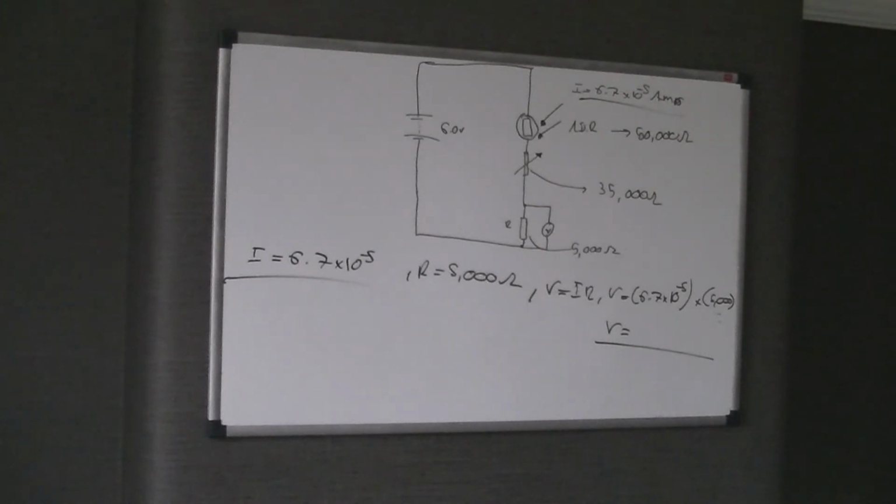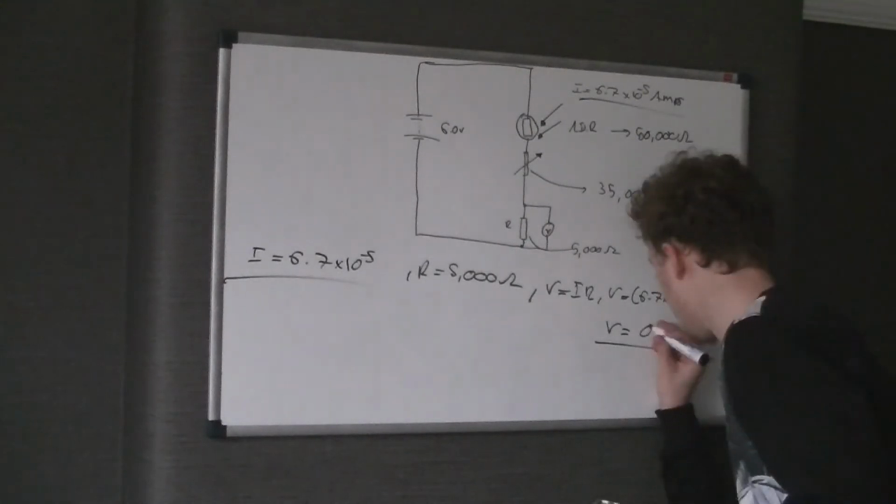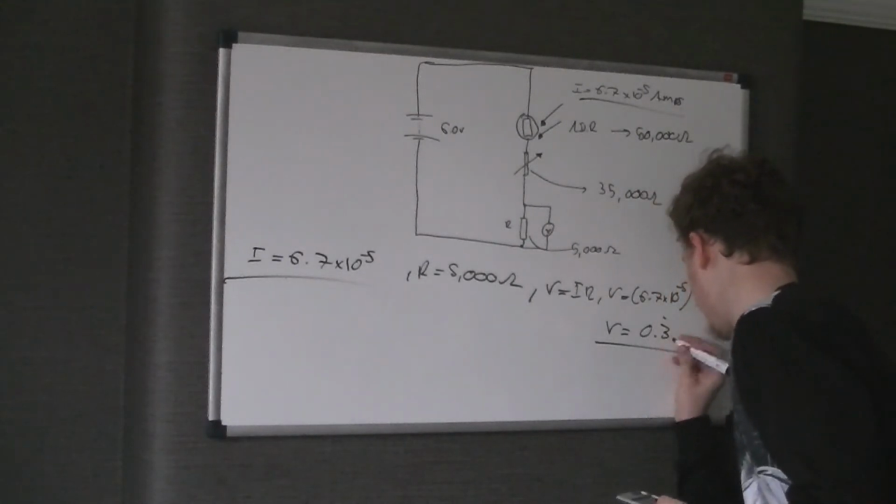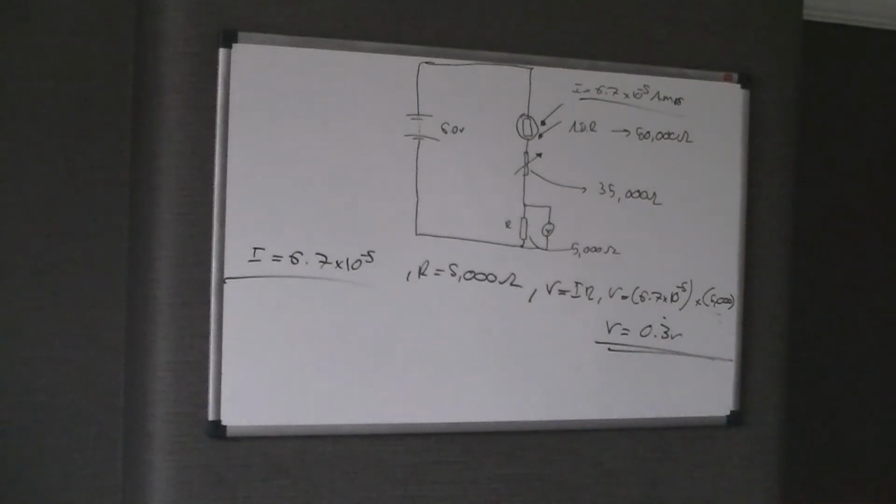Personally I would use the actual answer you got, your 6 over 90,000, and times that by 5,000, which gets you a potential difference of 0.3 recurring volts, or 0.3 volts because it rounds down to that.